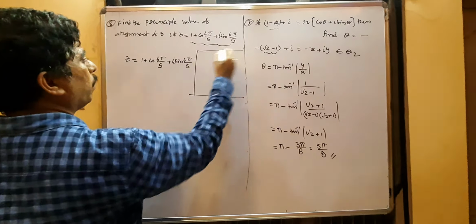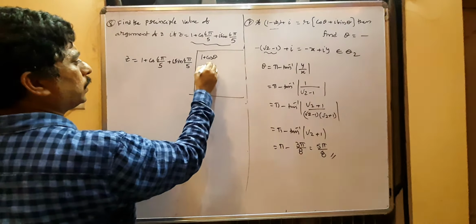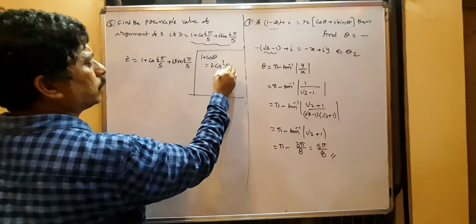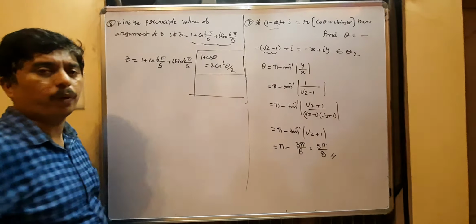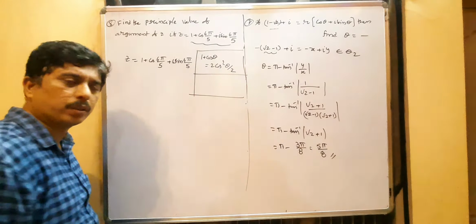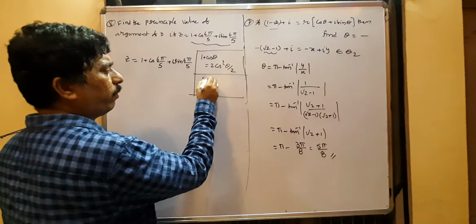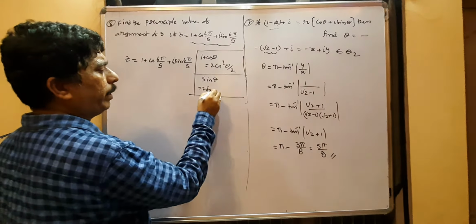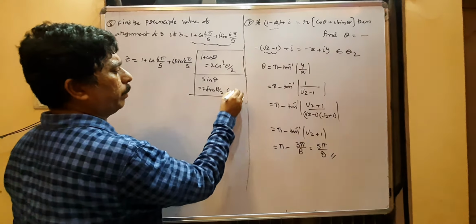We have the formula: 1 plus cos theta is 2 cos square theta by 2, and sin theta is 2 sin theta by 2 cos theta by 2.